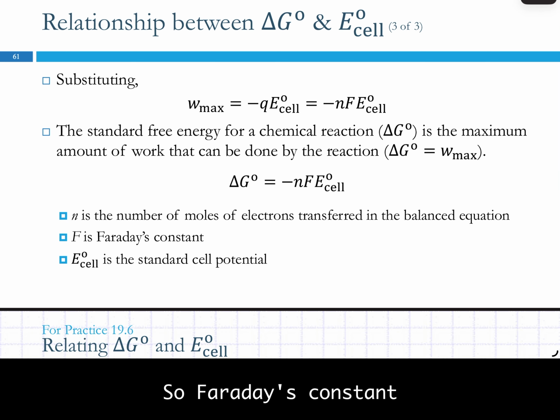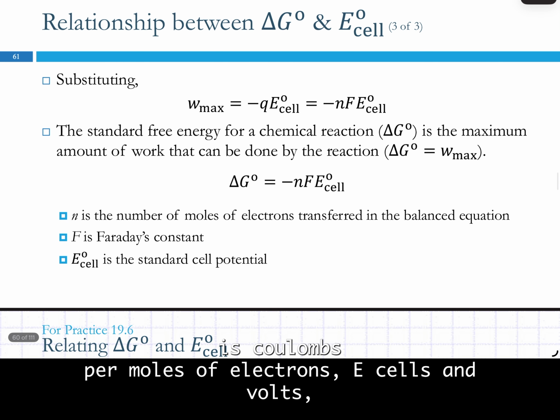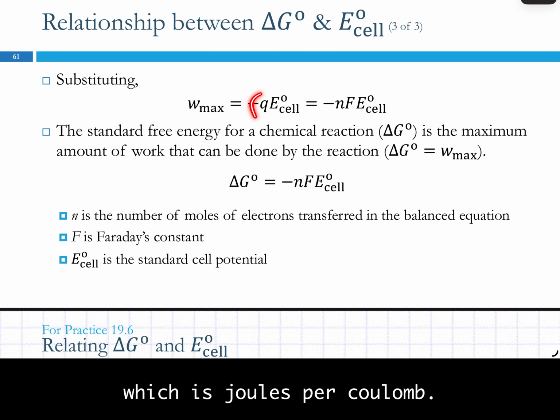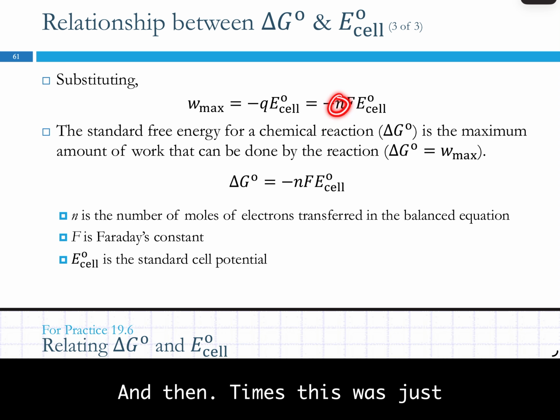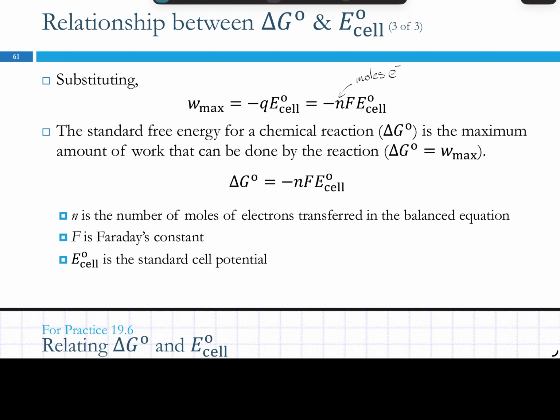Faraday's constant is coulombs per mole of electrons. E cell is in volts, which is joules per coulomb. And then times, this was just moles of electrons.